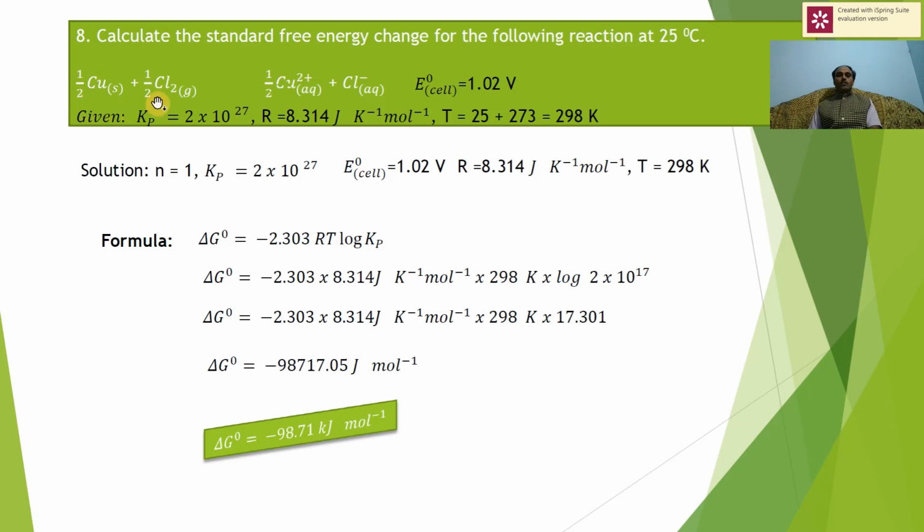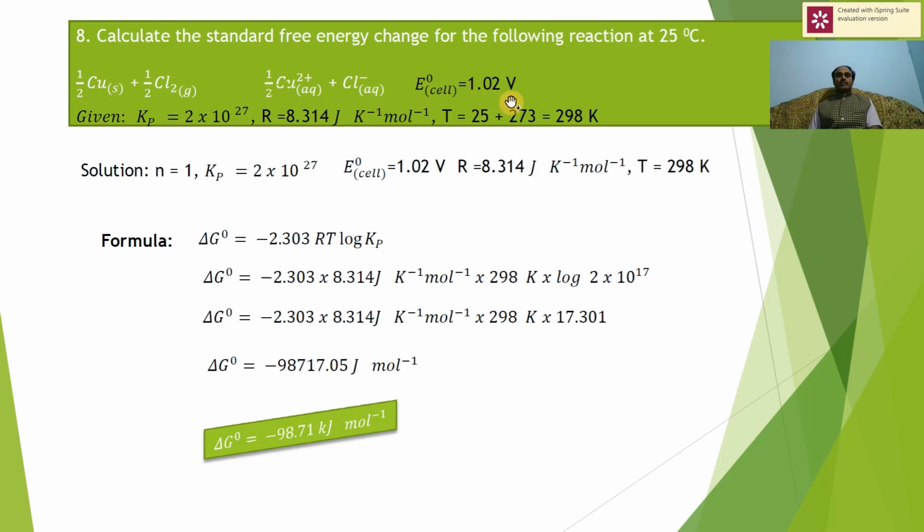Half mole of copper plus half mole of chlorine gas, equilibrium sign is there, half mole of Cu2 plus ions plus Cl minus aqueous ions. 1 mole of Cl minus aqueous ions are being discharged. And the standard potential of this cell is 1.02 volt.